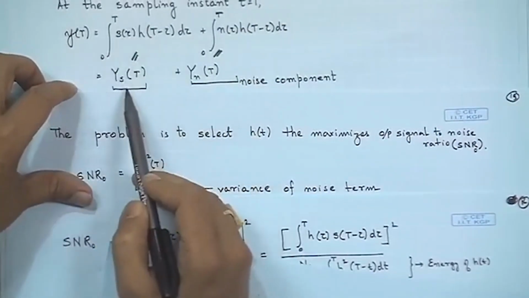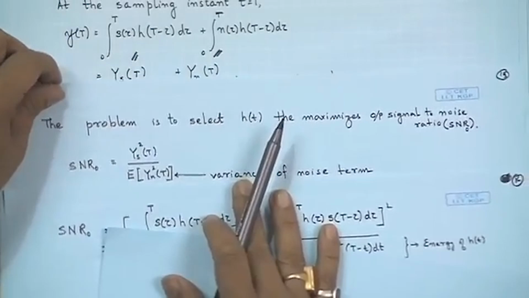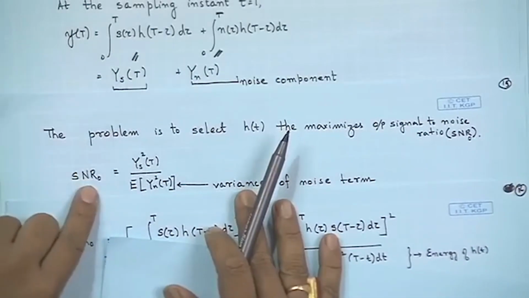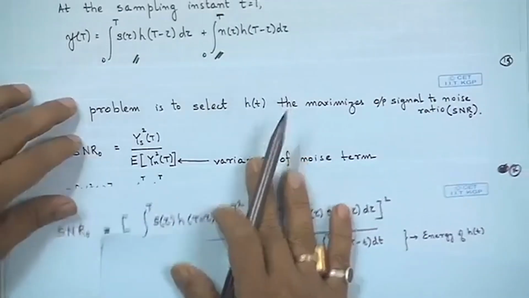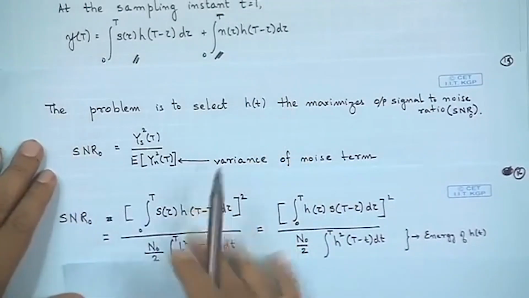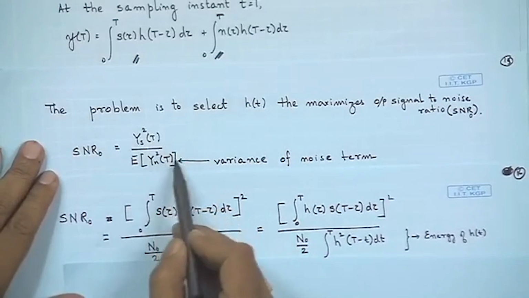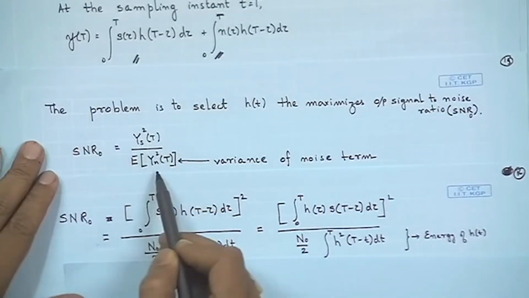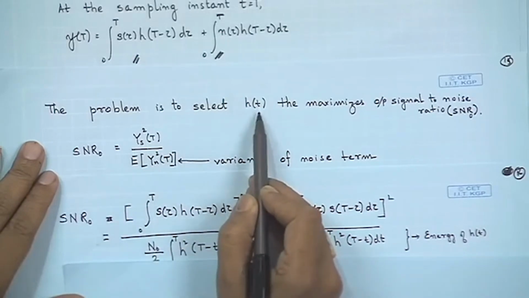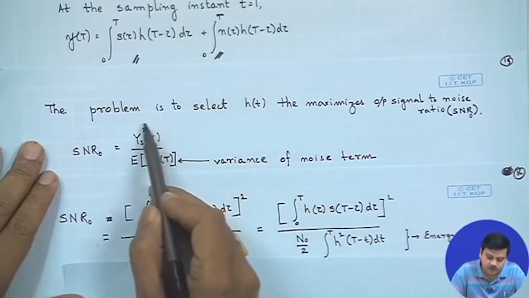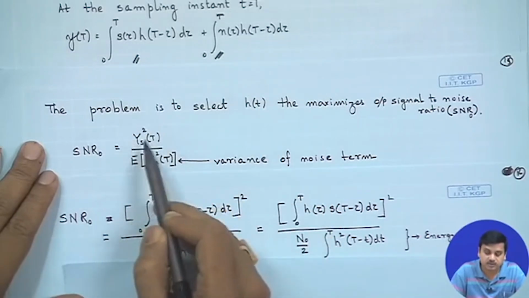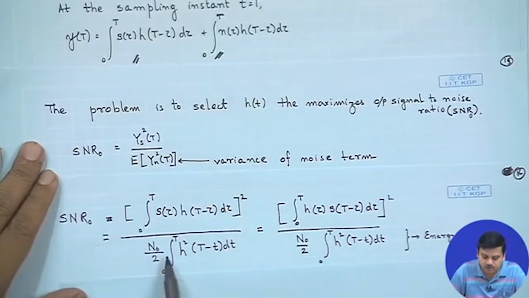The first integral we called the signal part, the second the noise part, and then we described the SNR, which is the signal power to noise power. Once we have done that, we want to maximize this ratio, and first we looked at the denominator term. We found that it is dependent upon the energy of H. Suppose the energy of H is held constant, which is a pretty valid assumption, we need to find how you can maximize the numerator.